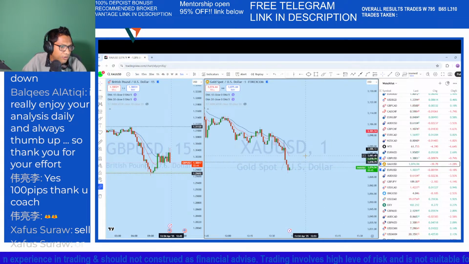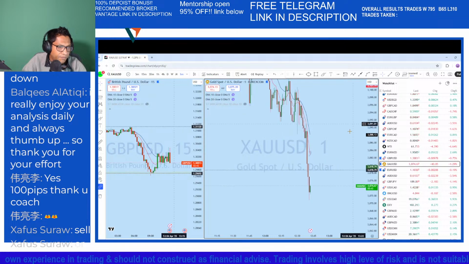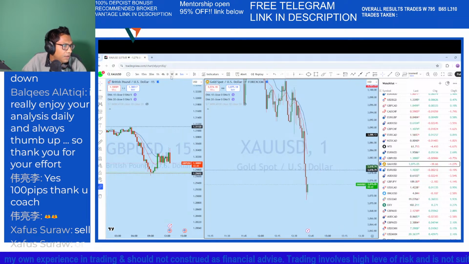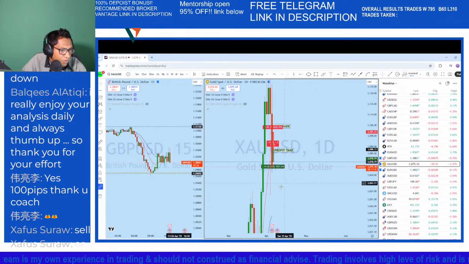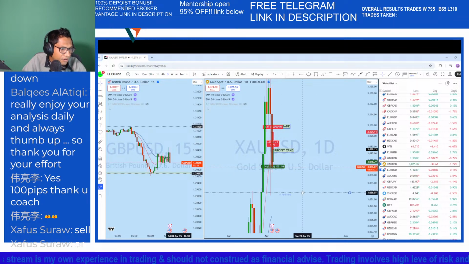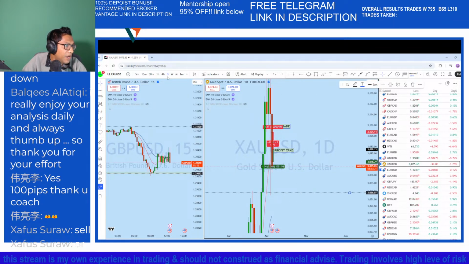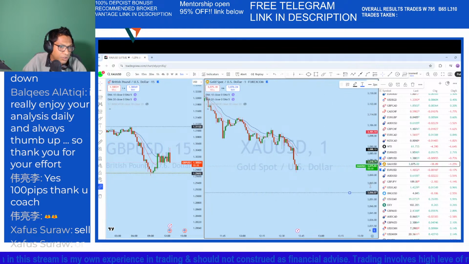Okay, so here we see that lower time frame. If you look at the daily here, you can see the market just tested the daily low. We may see a further drop possible in this market as it is pushing back down here.